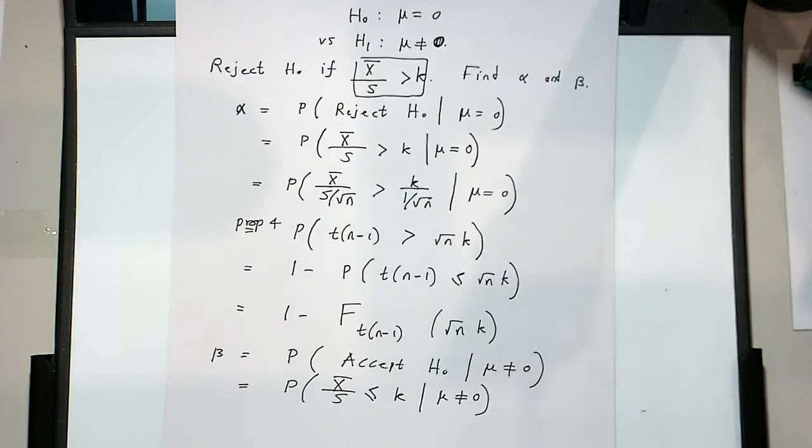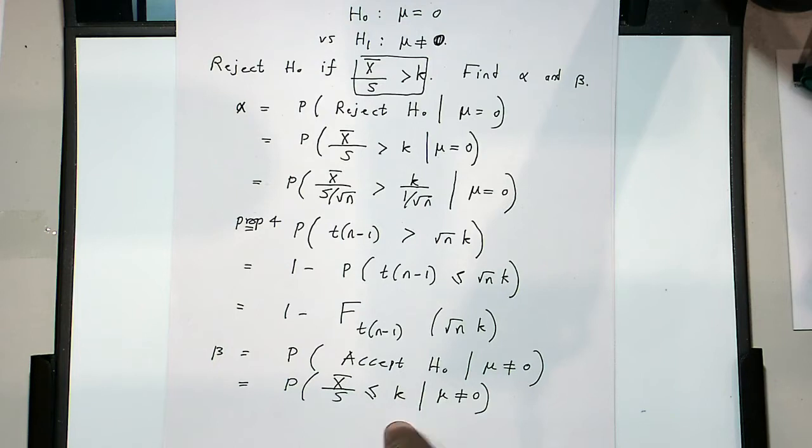Now the problem here is that you can't use this rule straight away, because property number 4 assumes that the mean is 0. You see what I'm saying? Property 4 assumes that the population mean is equal to 0. So we can't do what we did earlier.